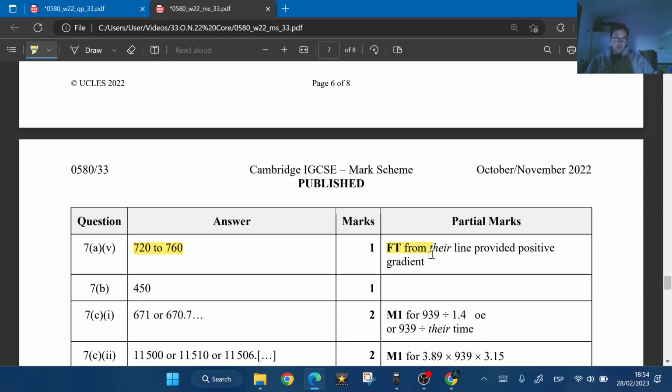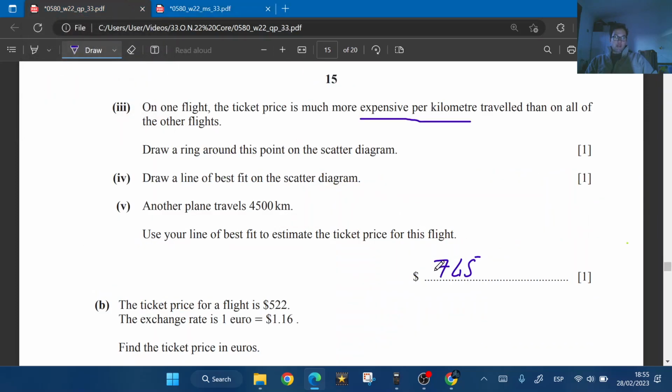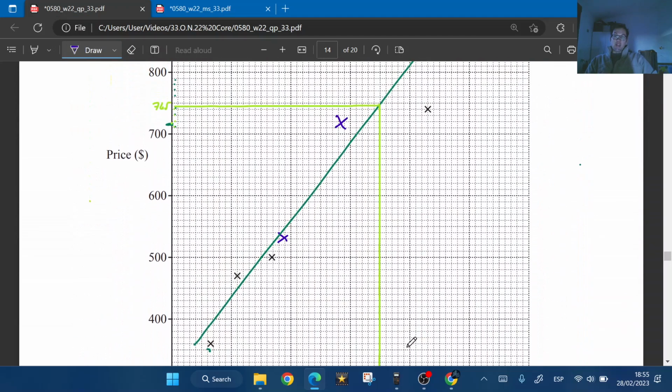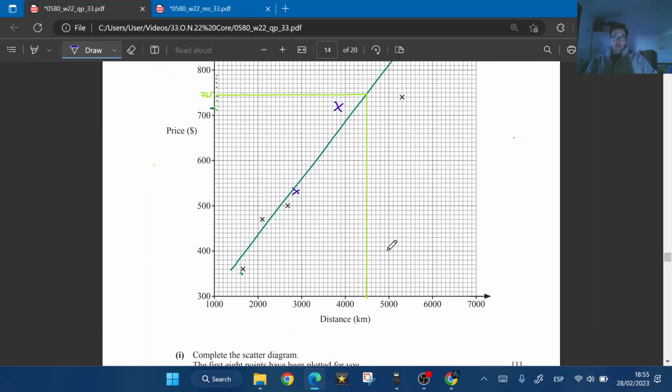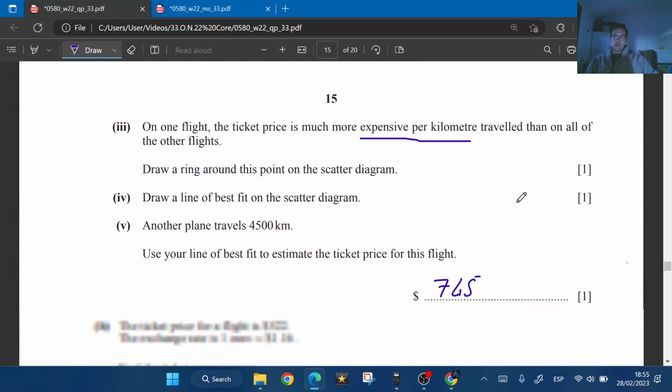Follow through means that if your line of best fit is wrong but you use it to get your answer, you can still get this mark, even though it's not between 720 and 760. That is where these light green lines come in. It's very important. If the examiner sees you draw those lines, that you know what you're doing, you'll get that follow through mark. So draw the lines.